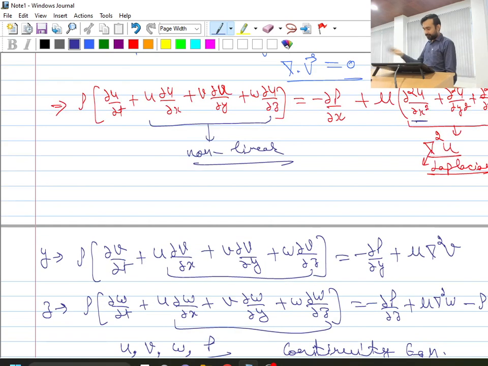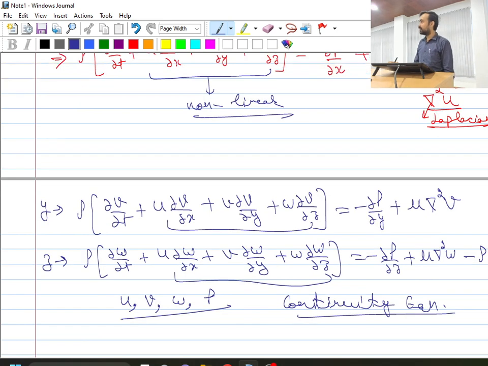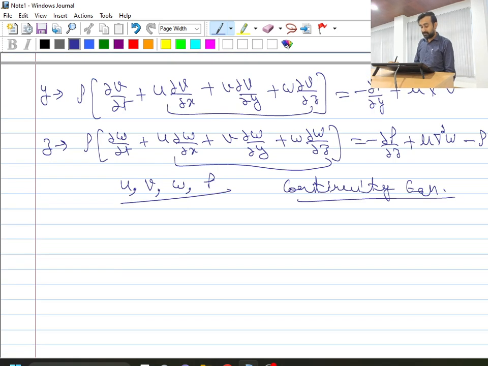Now of course not today, but in the subsequent lectures, we will try to apply these equations for different kinds of flow situations, and then we will try to find out the solution of the flow field for the given situations. So that part also I will show you. The application part of these equations I will cover in the subsequent lectures. But till this point, is it clear to you?